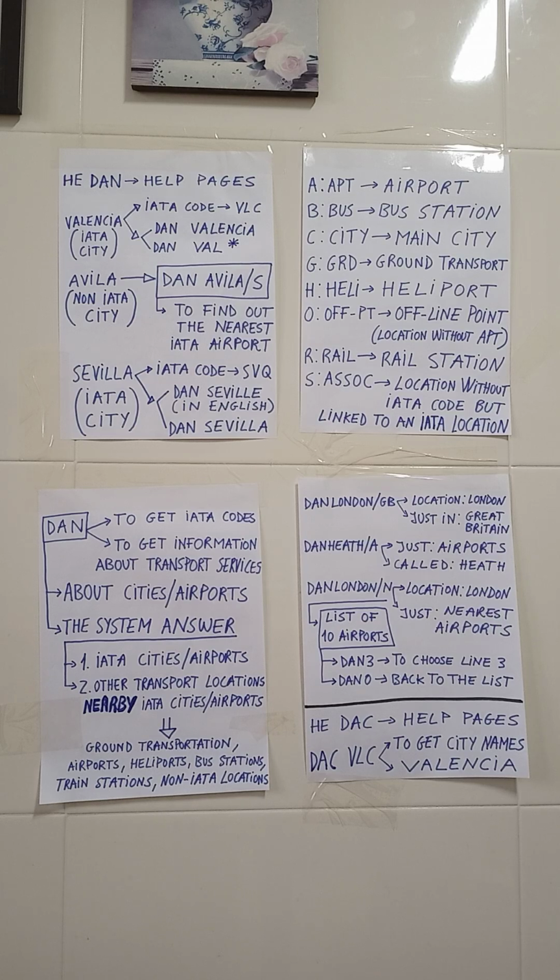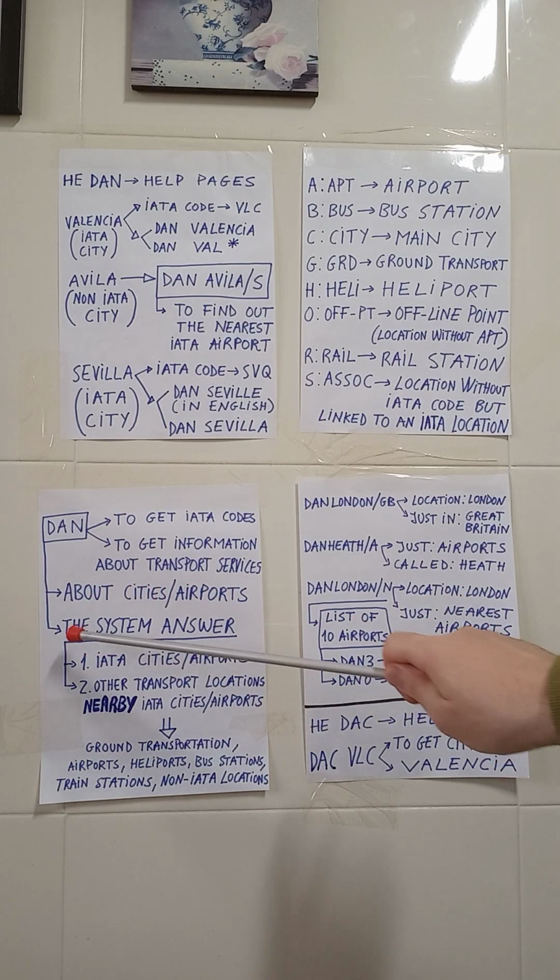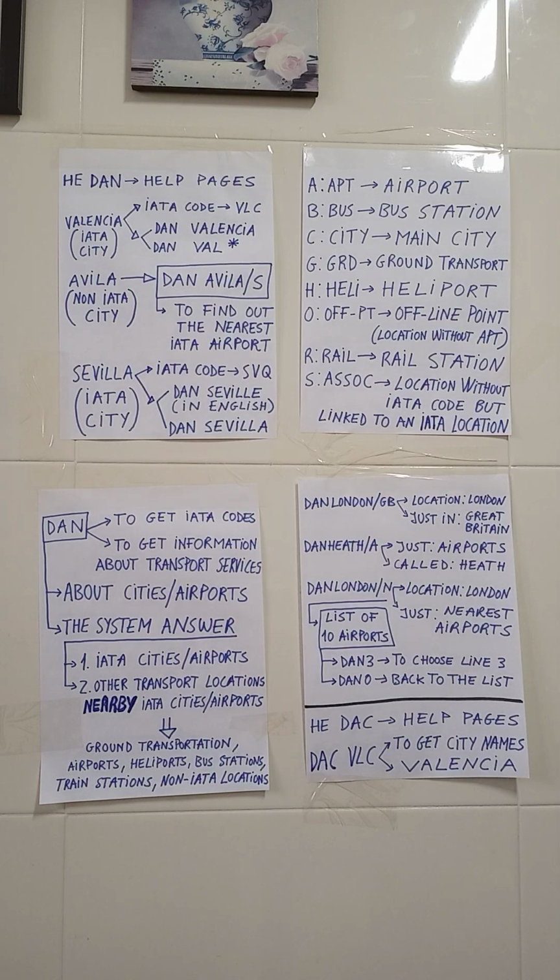Firstly, the two main utilities, one utility and two utilities. Secondly, the reference used by Amadeus, this is the reference. And thirdly, the answer given by the system.